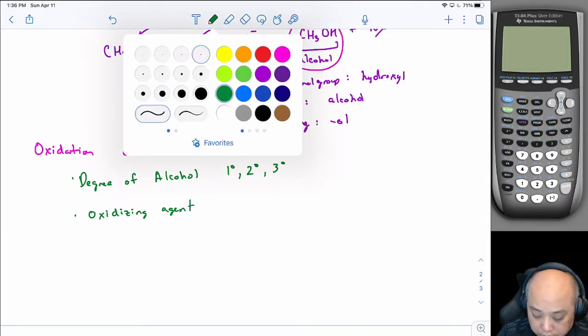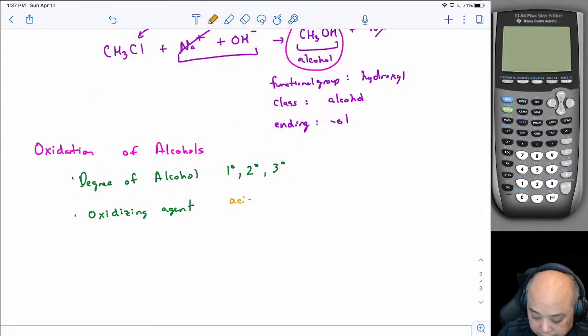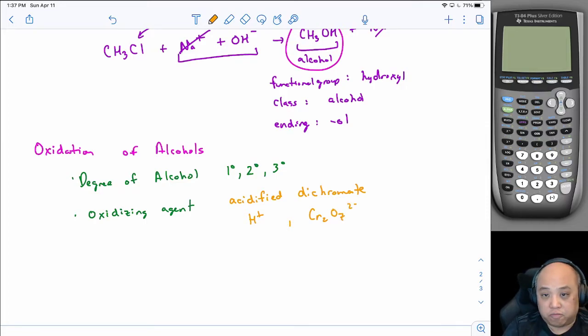And your oxidizing agent we will stick with is acidified dichromate, meaning H plus with some salt that has Cr2O7 involved. Maybe it's sodium dichromate, potassium dichromate. Again, it doesn't really matter what the metal is. It's just the dichromate that we need in solution. So usually it's potassium or sodium dichromate.